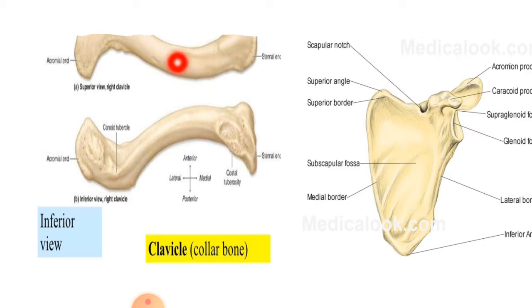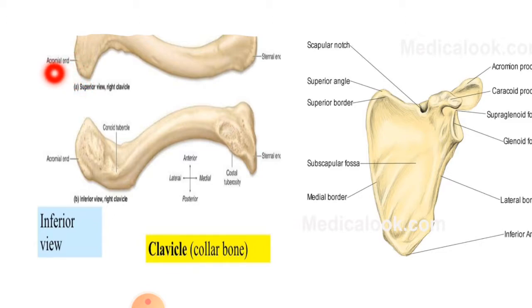This part is called the body of the clavicle, and this end is the acromial end, or the lateral end. It takes part in the formation of another joint, the acromioclavicular joint.